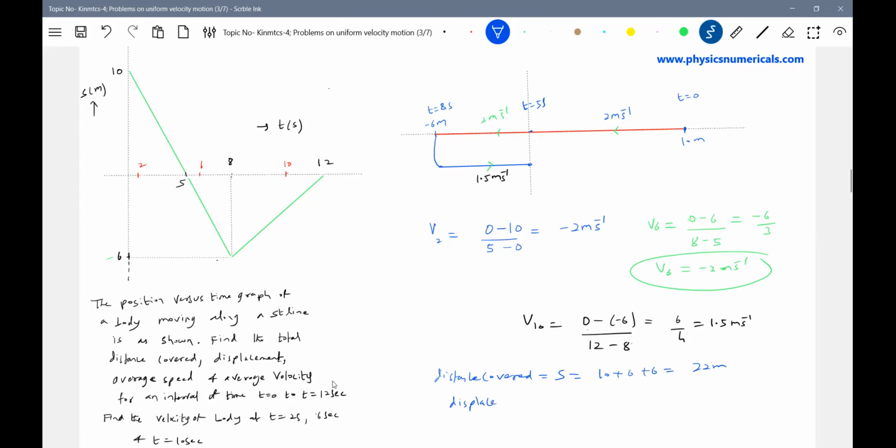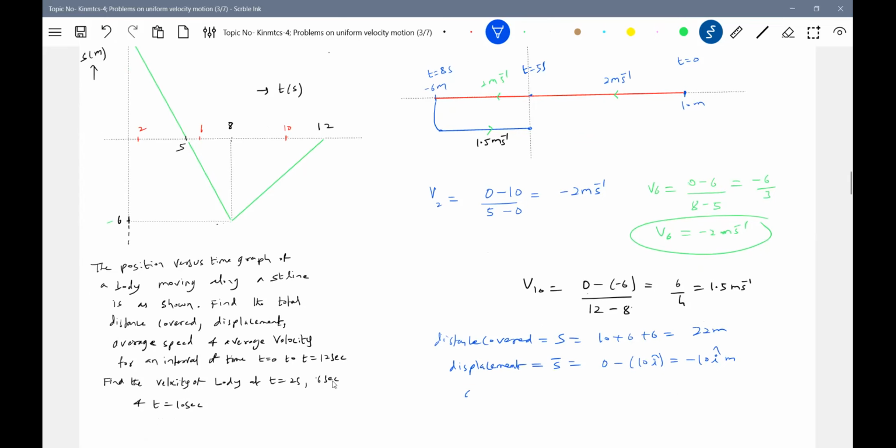Displacement: initially it was at 10 meter. Finally it is at origin. So net displacement will be 0 minus 10, that is minus 10 i cap.